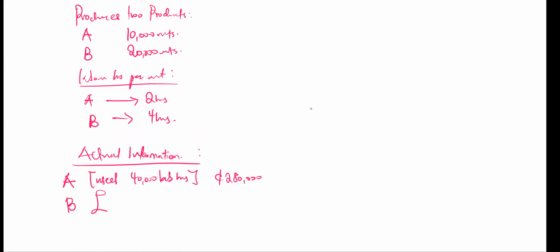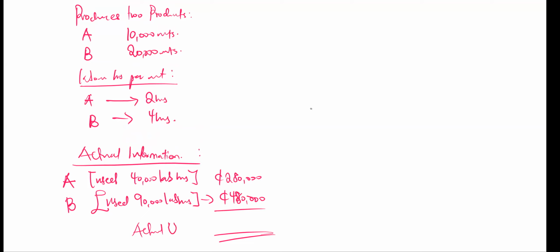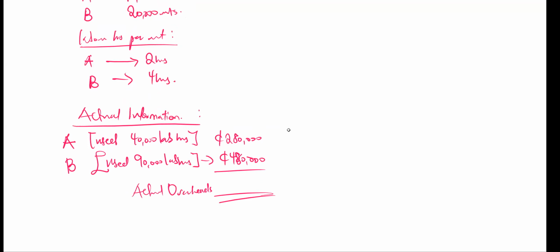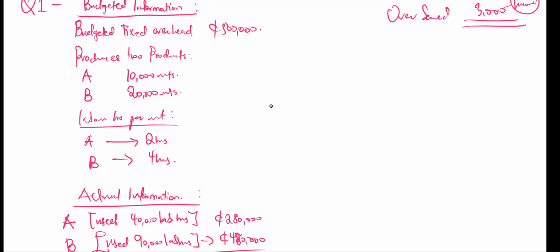Then for Product B, we used 90,000 labor hours, which resulted in a cost of 480,000 cedis. If we add this up, the actual overheads is 280,000 plus 480,000, which is 760,000. This is what we have.